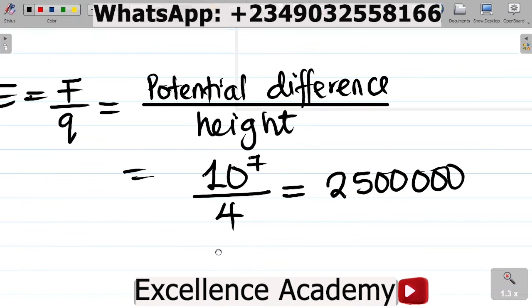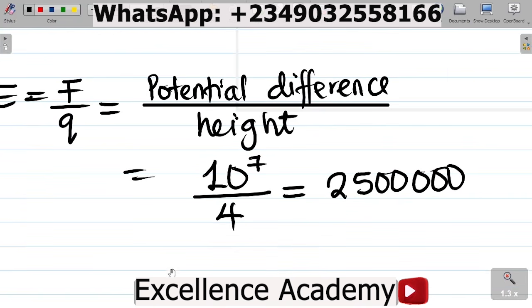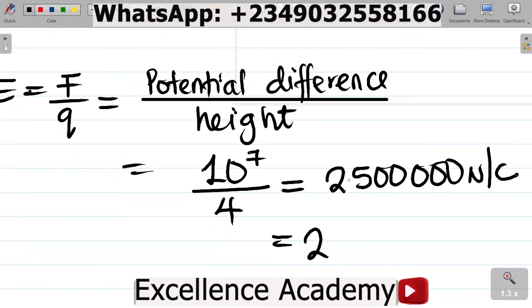Again, electric field is usually in Newton per Coulomb. Express this in standard form or in index form. What do you have? 2.5 million. Let's put a point here. This is now 2.5 times 10. How many times do I move?